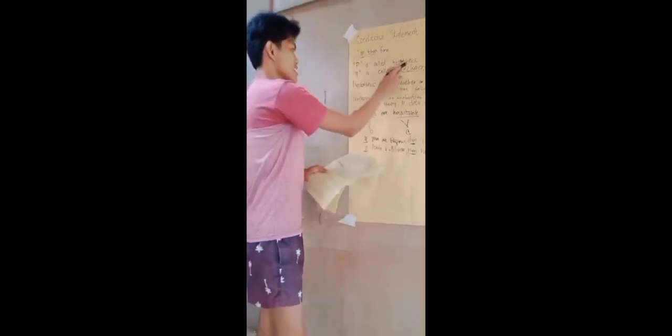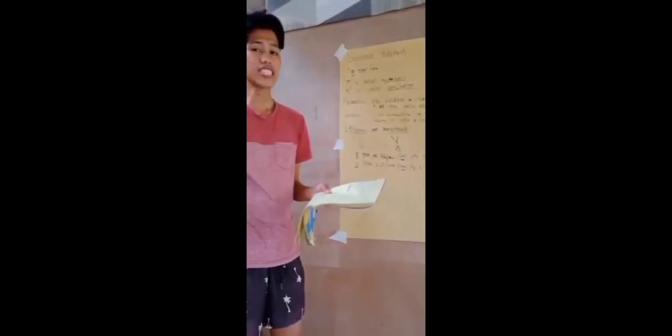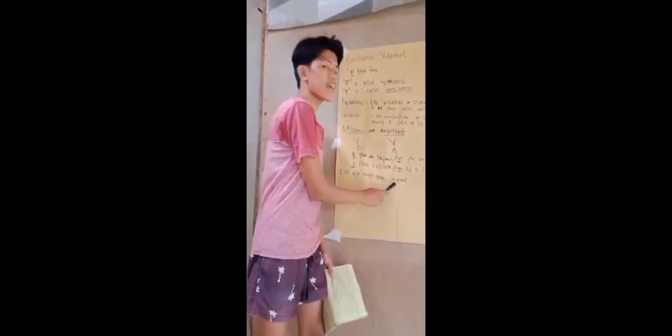Again, in writing a conditional statement, first identify your hypothesis and your conclusion. So here is the second example: all right angles are congruent.